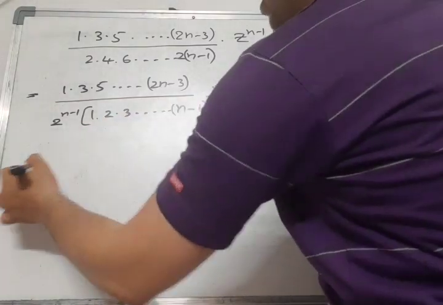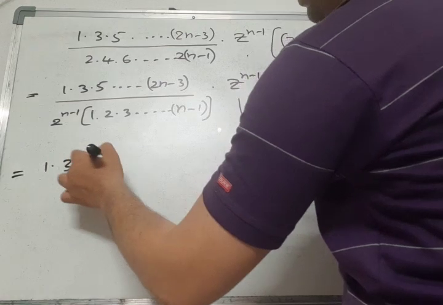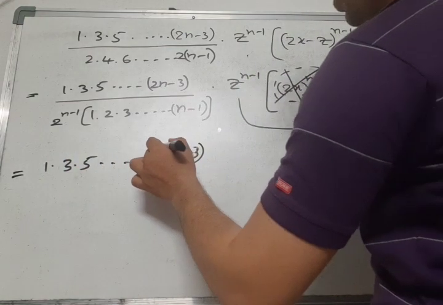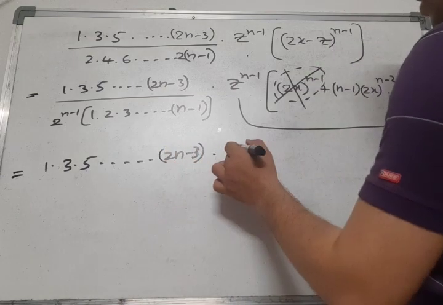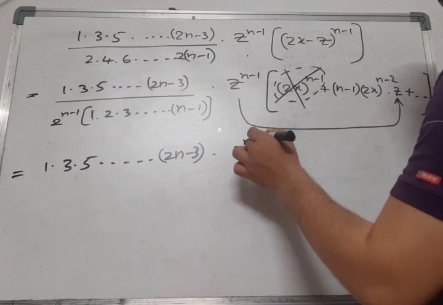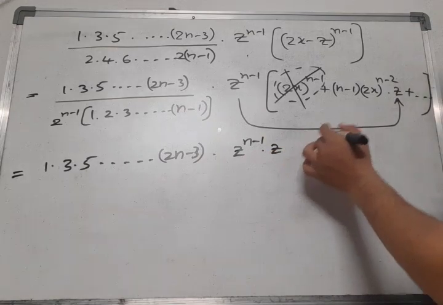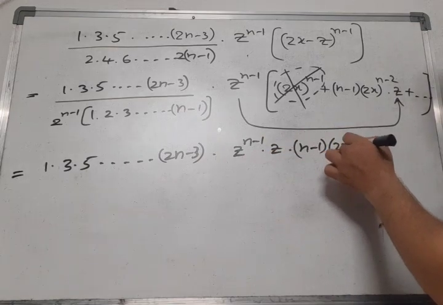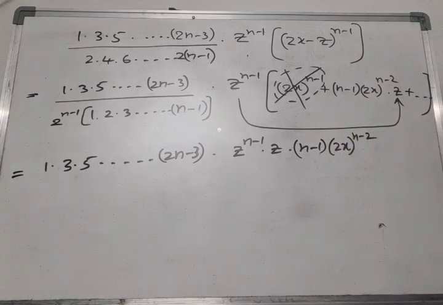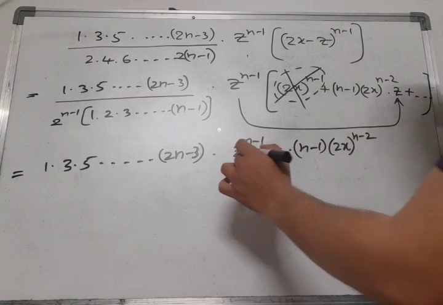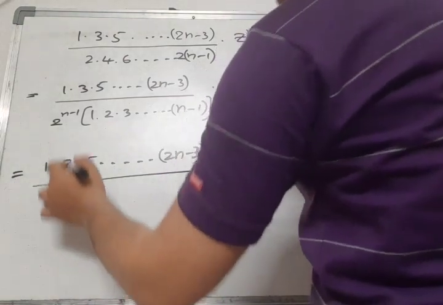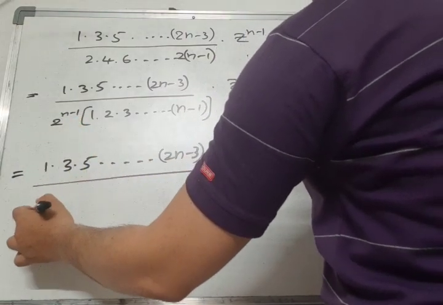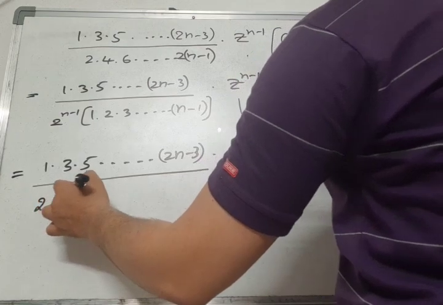So what I will get here, 1 into 3 into 5 into so on 2n minus 3 into z to the power of n minus 1 into z into n minus 1 into (2x) whole to the power of n minus 2, right, upon, divided by, what is this? We can write this one as 2 into 2 power n minus 2.